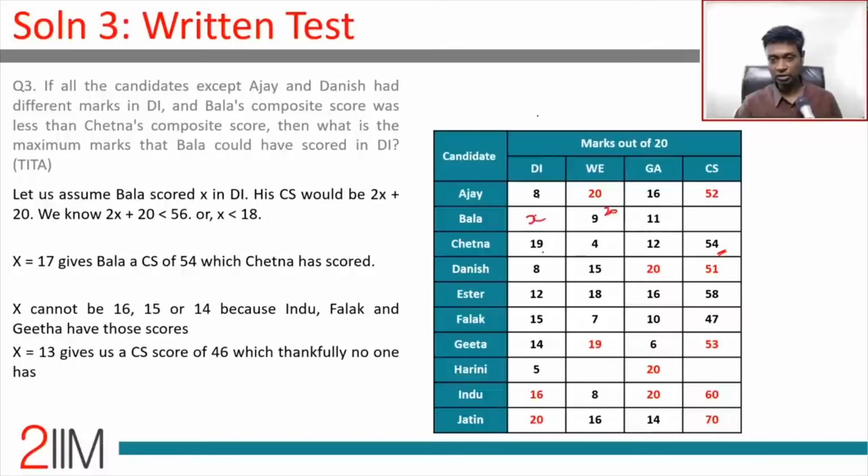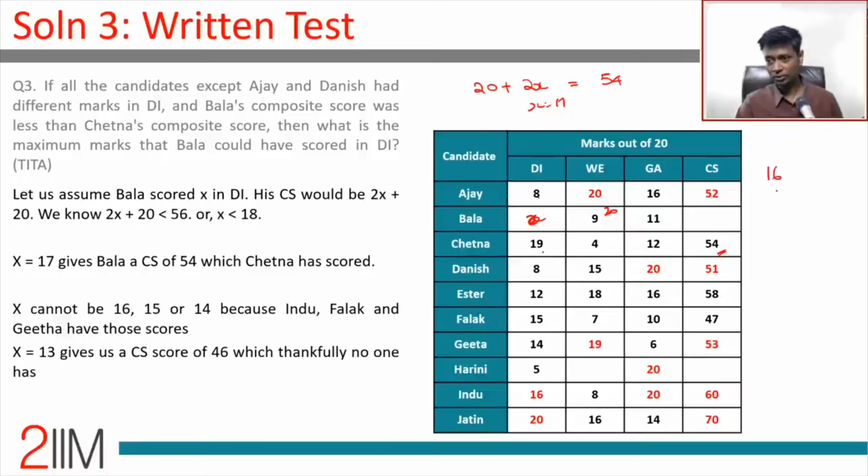So we call this X. 20 plus 2X is the composite score. If this were equal to 54, X should be 17, or X should be less than 17. So we can forget about 20, 19, 18, 17. We're thinking about numbers less than 16.